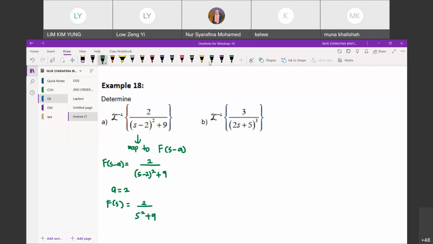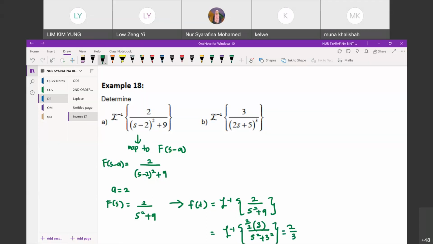So from here you can find your ft by inversing 2 over s squared plus 9. Okay, here should be s squared plus 3 squared. So when it is 3 here, this one should be 3, but without changing the function, remain 2, multiply with 2 over 3. Okay, which is equivalent to 2 over 3 times 3 over s squared plus 3 squared.